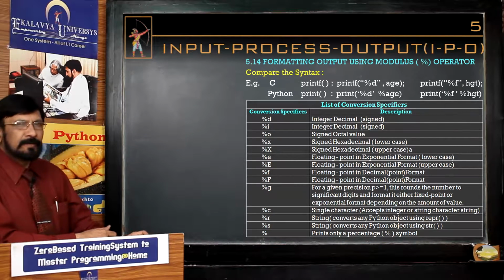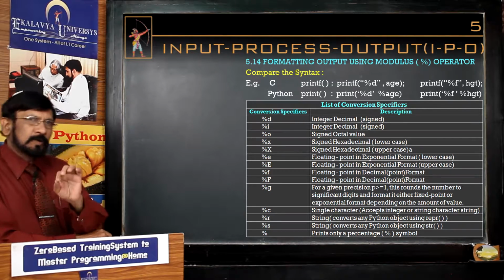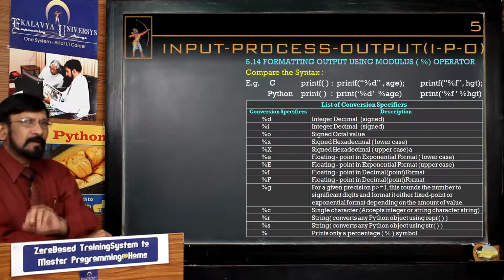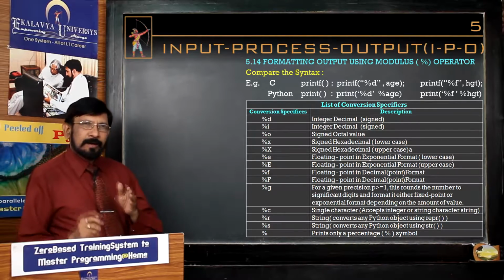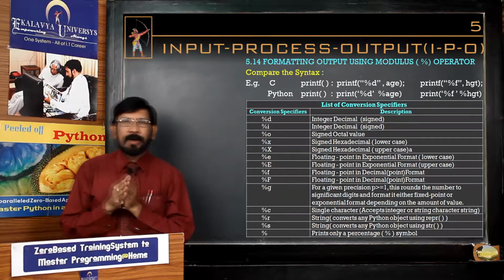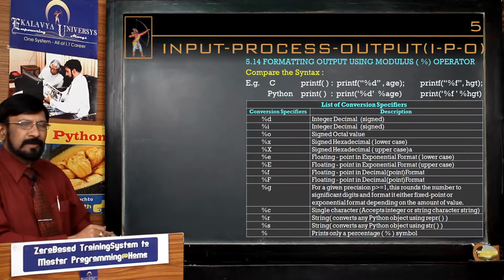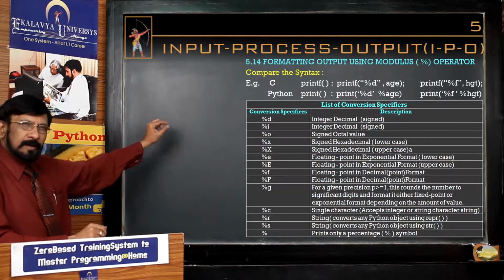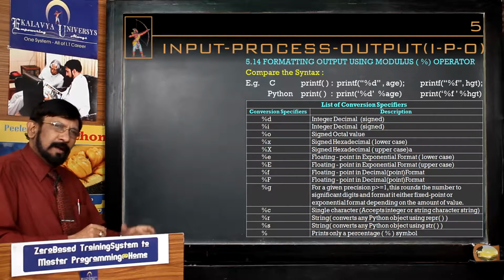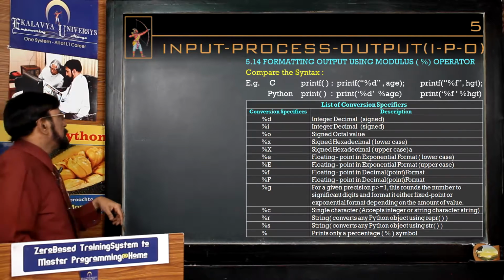In printf, there is one model for producing or formatting output, and Python's print is almost similar to that. That is why I first introduce the C printf model, and parallelly I show you the Python print model also.